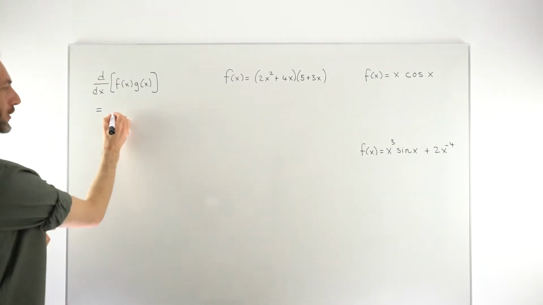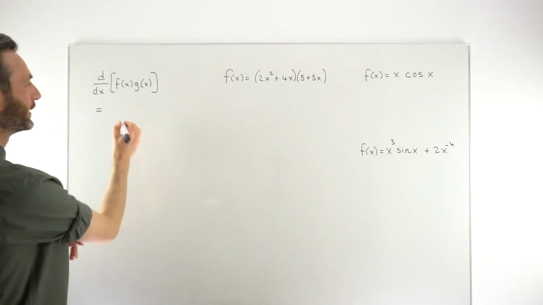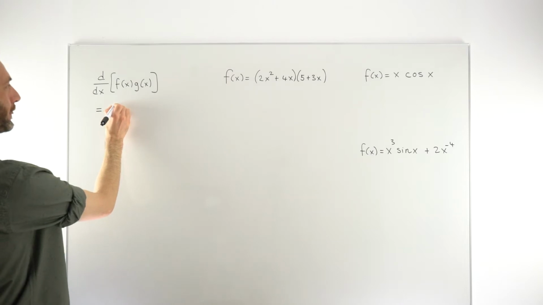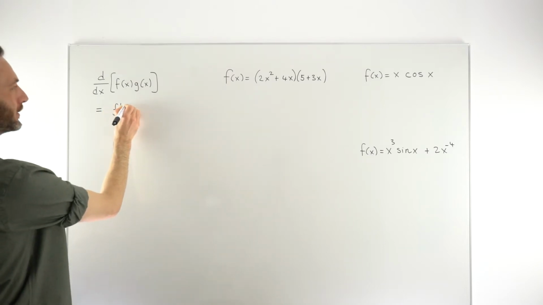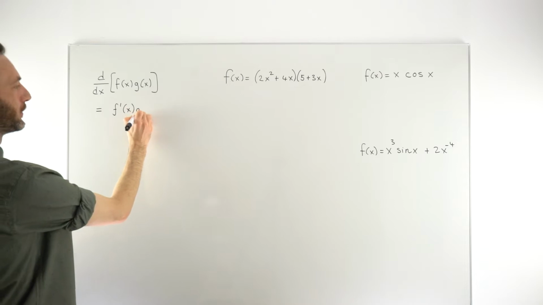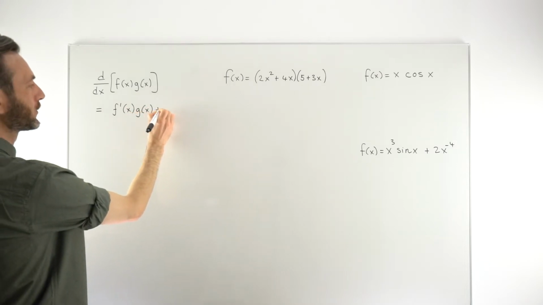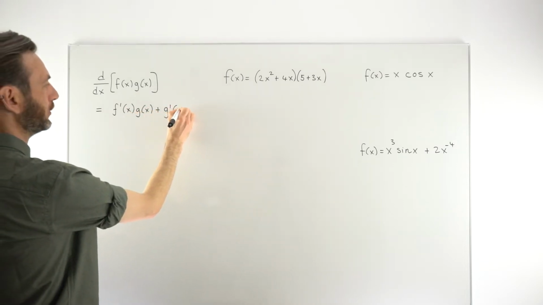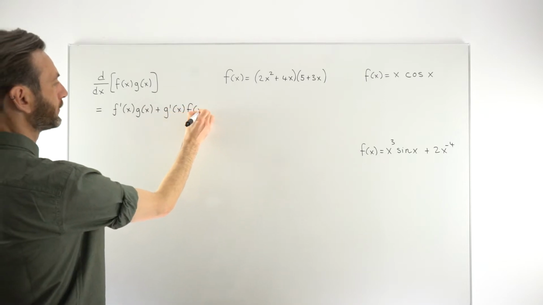Or in words, in algebra, it would be f prime of x times g of x plus g prime of x times f of x.